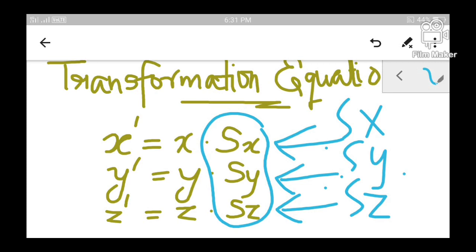Then different values are multiplied to x, y and z, giving different values for x dash, y dash and z dash, which is a clear-cut case of differential scaling. So if it is differential scaling, then sx, sy and sz should be different in their values.